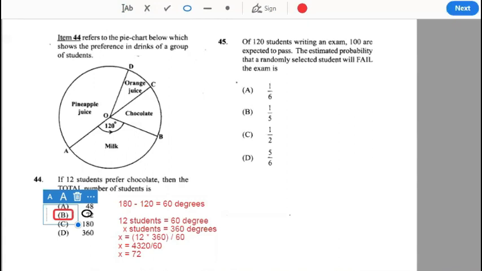You add that 60 students plus the 12 students attached from chocolate, and you would get 72 students.